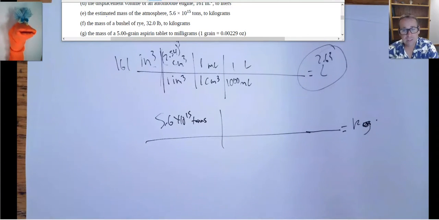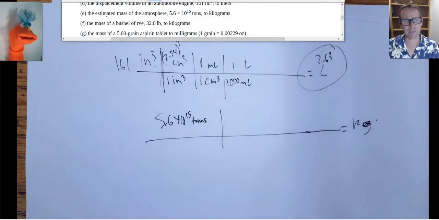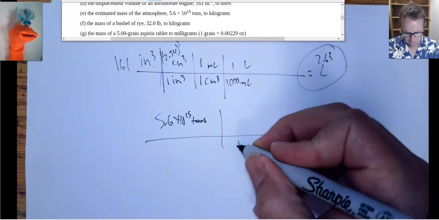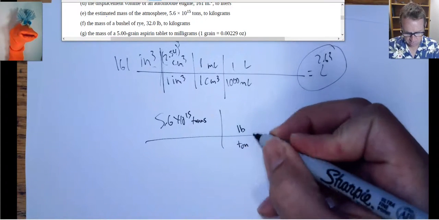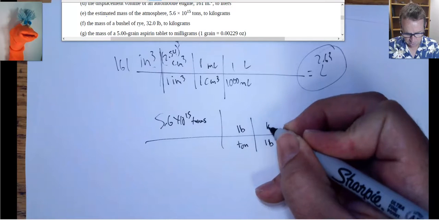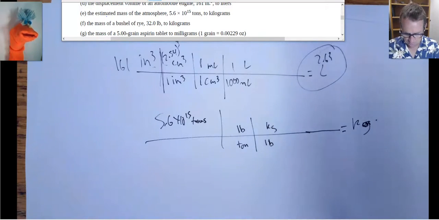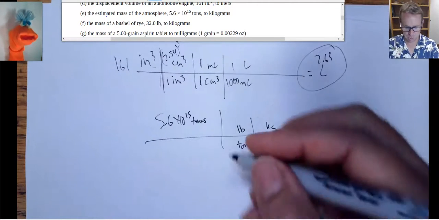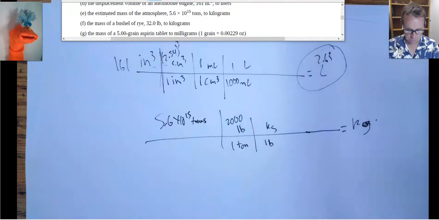Do you know how many tons there are? What is a ton? That's 2,000 pounds. Can we get there with pounds? I guess we could go from tons to pounds, and then pounds to kilograms. Yeah, that's it. How many pounds are there per ton? 2,000 pounds for every ton.